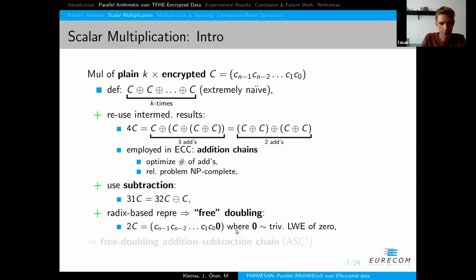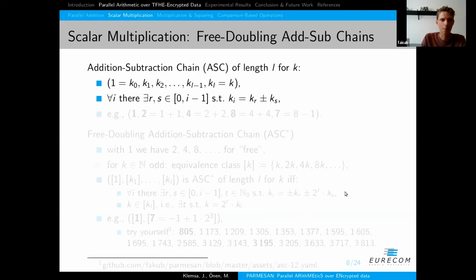So that's why it's not completely free. But it's almost free compared to some other operations. So what we define is a free doubling addition-subtraction chain. We denote this ASC star.